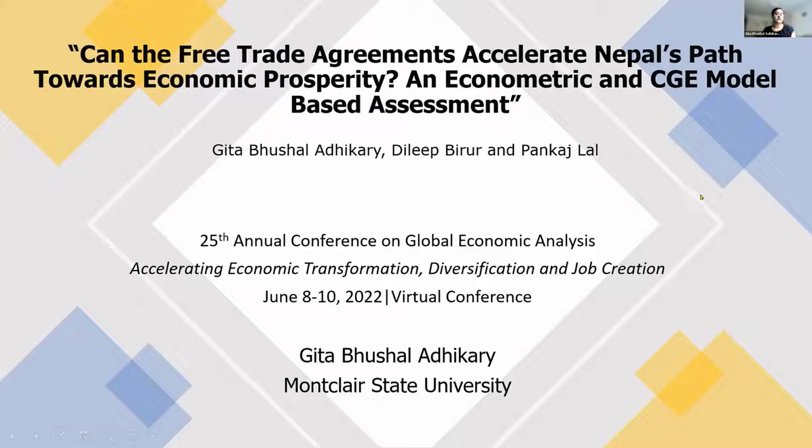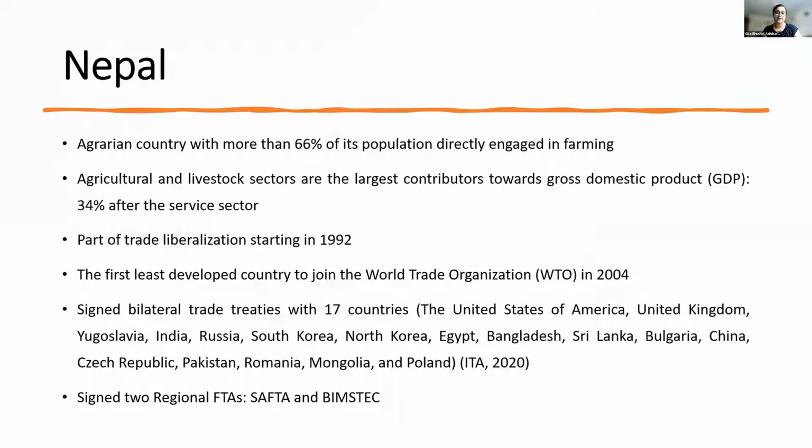So this is a research paper of one of my objectives: can the free trade agreements accelerate Nepal's path towards economic prosperity? It is an econometric and CGE model-based assessment. Why am I talking about Nepal? It's my home country. Plus, Nepal is an agrarian country with more than 66% of its population directly engaged in farming, with livestock and agriculture being the largest contributor to GDP after the service sector.